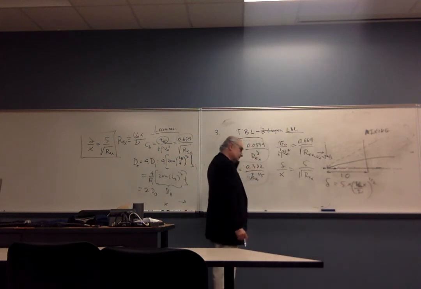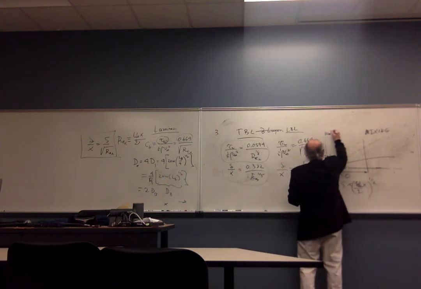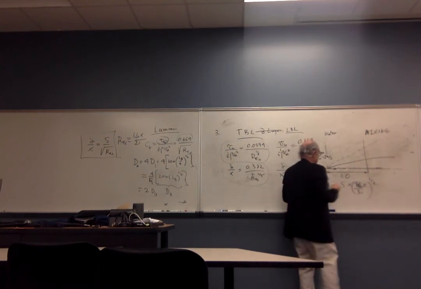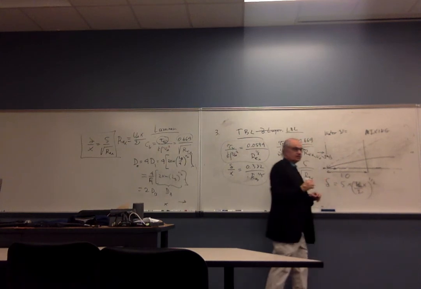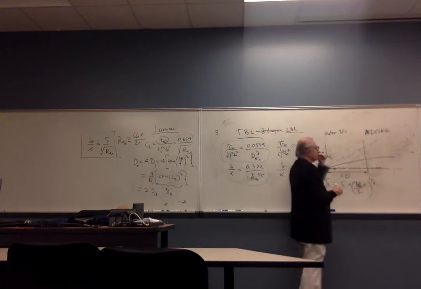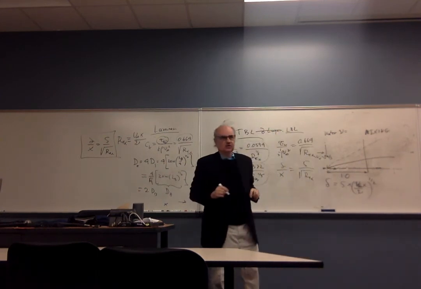Let's find out what it is. We're talking about water here. Let's look this up just for fun. What is the kinematic viscosity of water? I think I know what it is, but if somebody could look that up for me. Is it 10 to the minus 5 meters squared per second? I'm not sure. It's either 10 to the minus 5 or 10 to the minus 6. What is it?